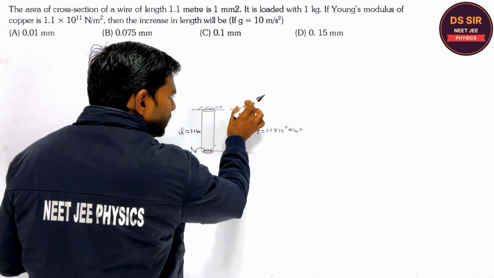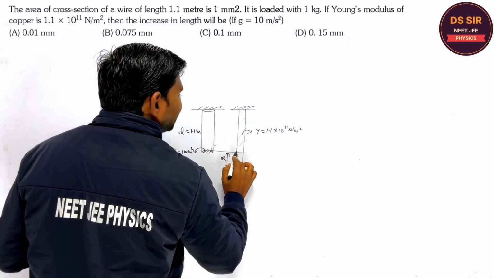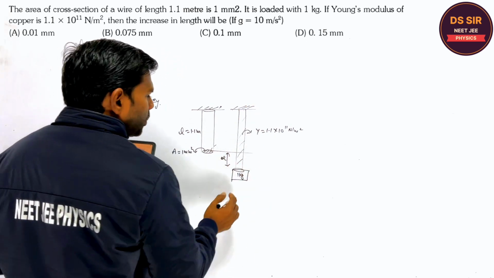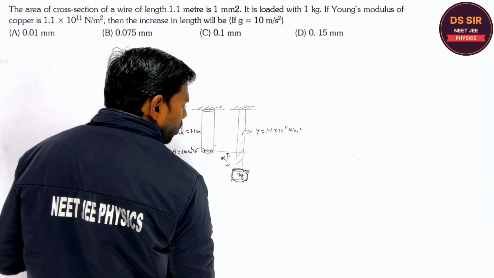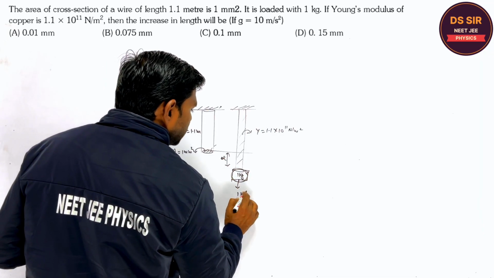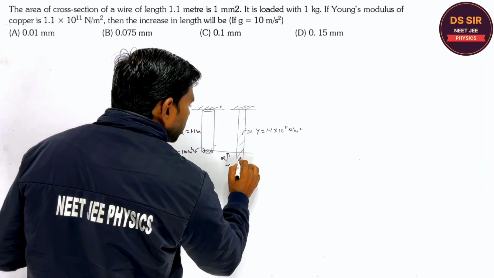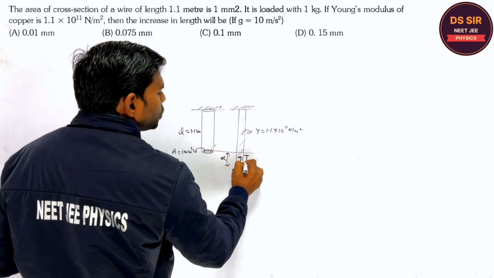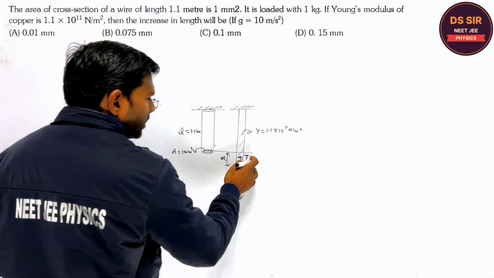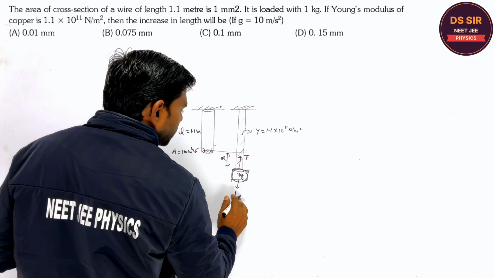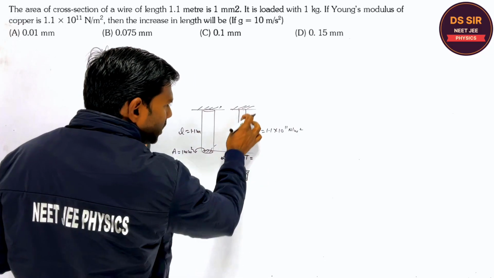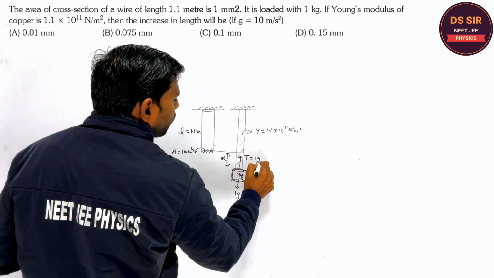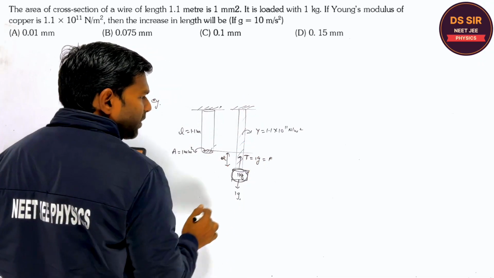If this wire is very light, its mass is supposed to be negligible. So if you consider this is the load of 1 kg, this is the 1g acting downward. So the tension in this string, or the restoring force, T is equal to what? It is equal to 1g. So tension in this wire is equal to 1g, which is equal to force in this wire.